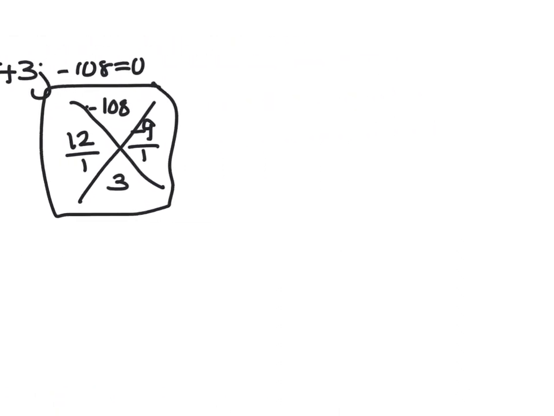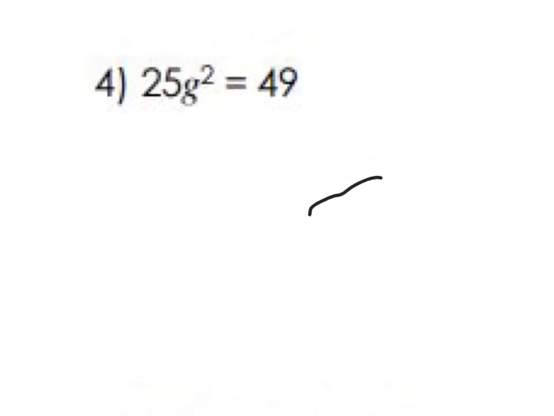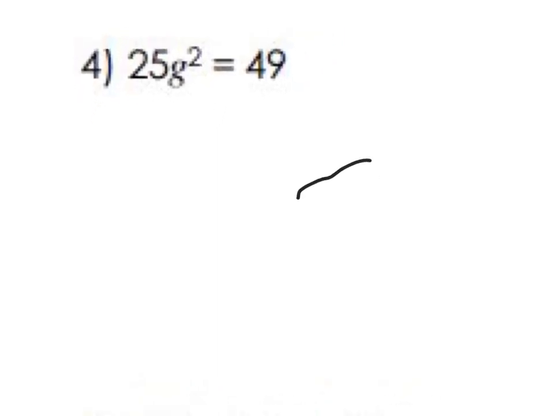All right, number 4. Ooh, what do we see on this one? Easy work, as RJ would say. Okay, this one I don't have a B, so I can just take the square roots. But I first need to get that G by itself, so I'm going to divide by 25.